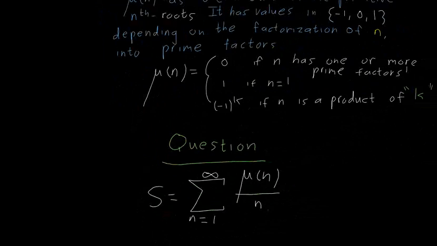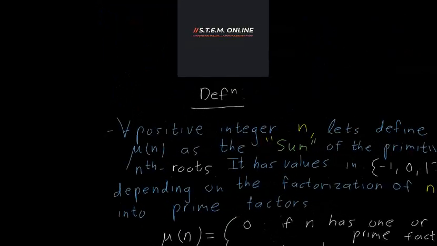So here's the definition. For every positive integer, call it little n, let's define the little Greek letter mu of n as the sum of all primitive nth roots. The values are actually mapping from the natural numbers to this set here.